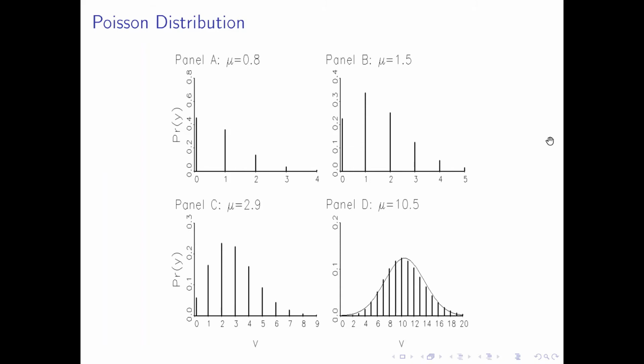Once we carry through the computation, we will see that as we increase the value of mu, the Poisson distribution approximates normal. But note that the Poisson distribution is a probability distribution for discrete random variables. So here we have probability bars, and there are intervals in between, let's say 0 to 1, 1 to 2, 2 to 3, because this is not a continuous random variable.